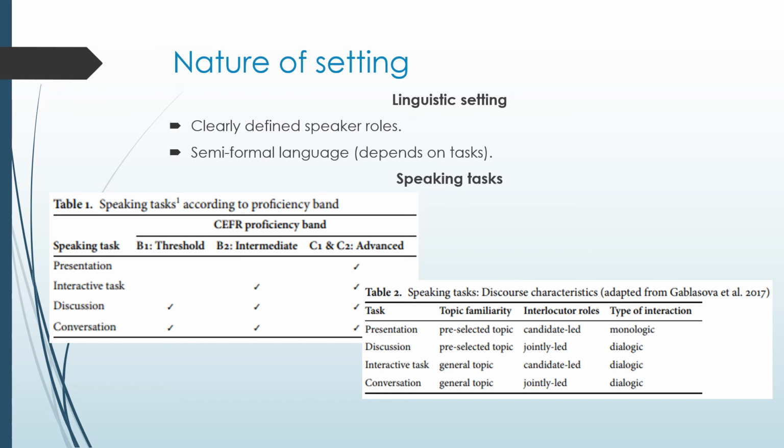In the conversation task, it was similar to that, but two topics of general interest were given to examinees, and they, together with the person who was giving them the exam, were supposed to talk about these topics. So as you can see, discussion and conversation were led jointly. That is, both the taker and the giver of the exam were participating in them, and the presentation and the interactive tasks were led only by the examinees.